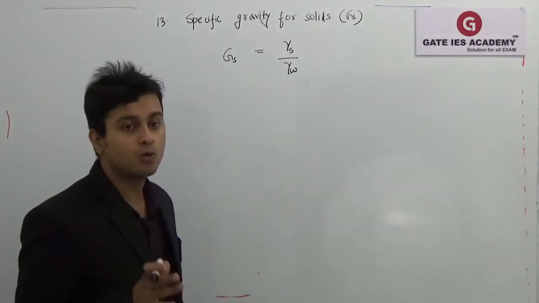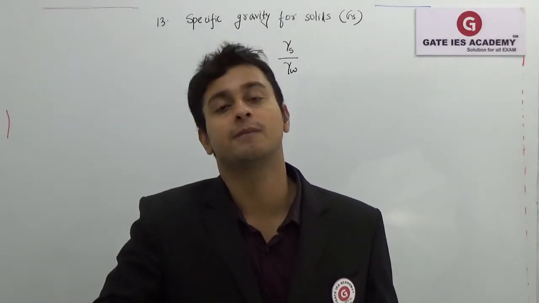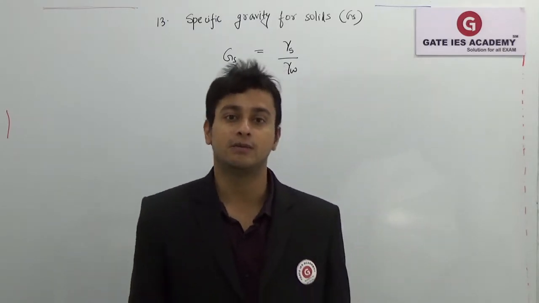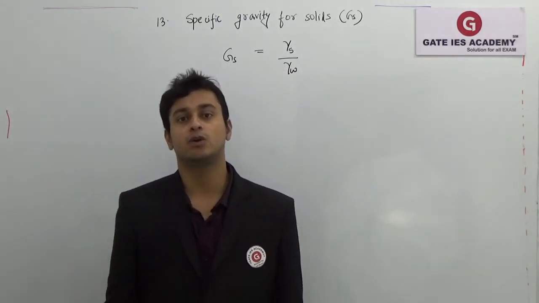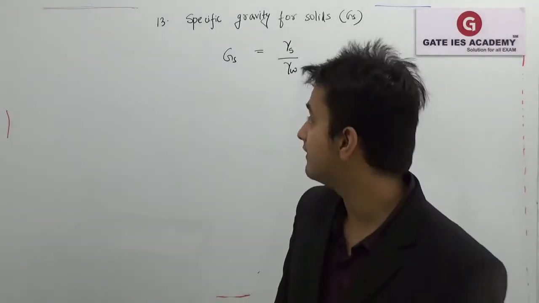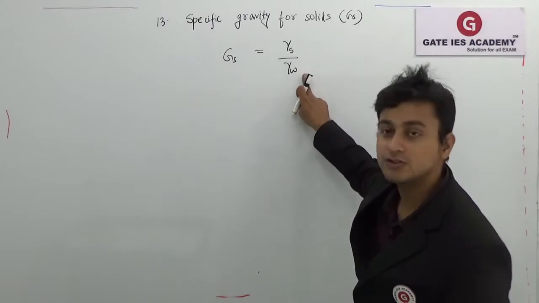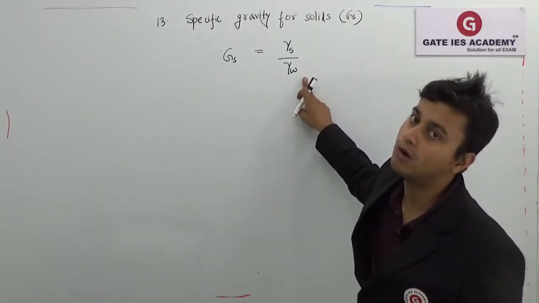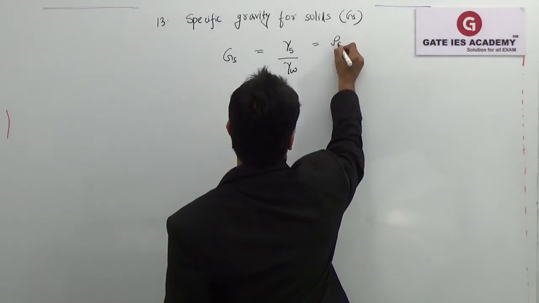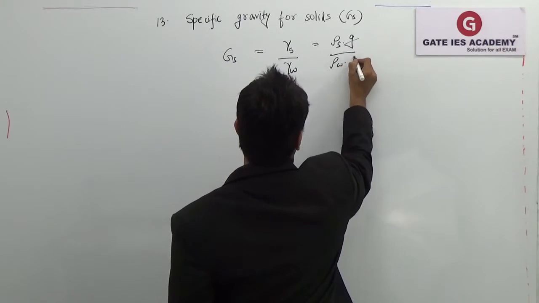If someone asks you what is the specific gravity of water, what will you say? That will be very easy. That is nothing but equal to 1, because the specific gravity of water will be gamma W, and the reference is also gamma W, so that will be equal to 1. Now we can also write it as rho S into g, and here we can write rho water into g.